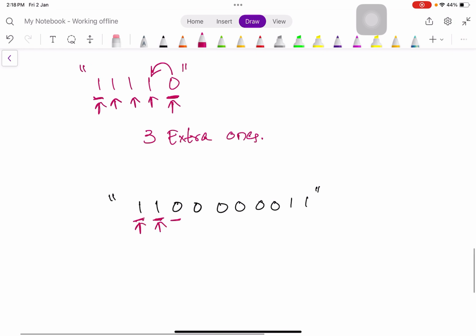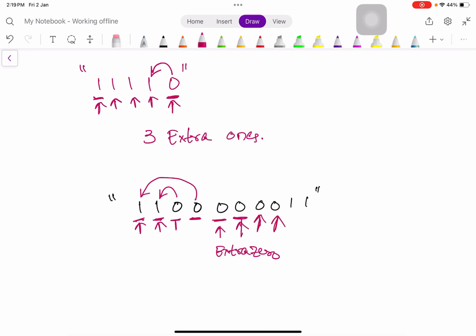The moment I get a 0, this 0 balances out this 1 and the number of extra ones reduces. Now we do not have any extra ones. If I get a 0 again, this becomes an extra 0. This 0 again an extra 0. This 0 again an extra 0.